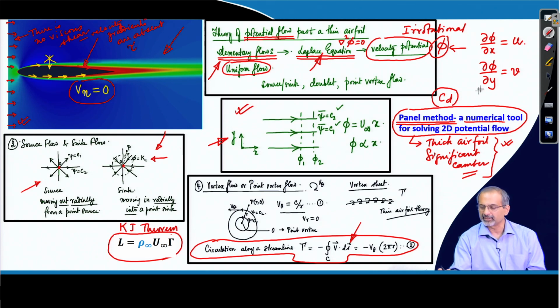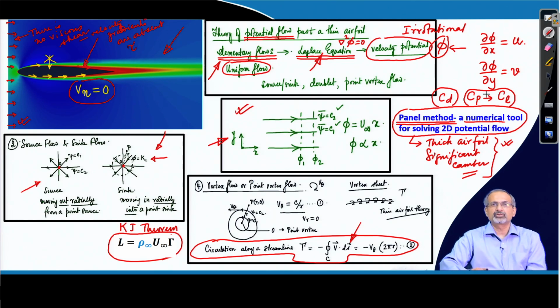Only thing that it can predict is the Cp distribution on the body and the consequent Cl, and it is found that bodies which do not see much of flow separation, that means by and large the flow is attached to the body.